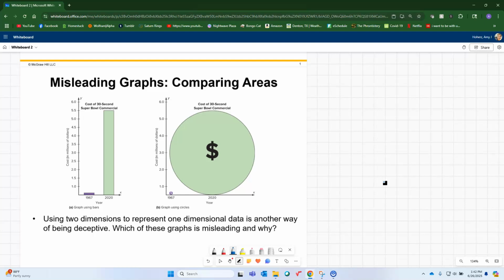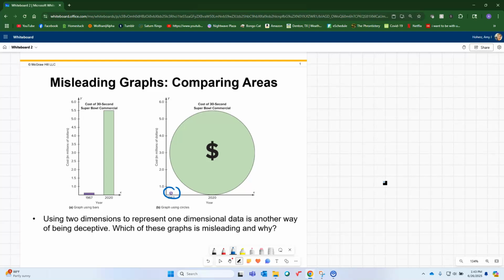So there's definitely a very large growth from 1967 to 2020. However, over here you've got this little speck for 1967 versus this giant circle for 2020. This looks like an even larger increase than this does. Well, why is that?